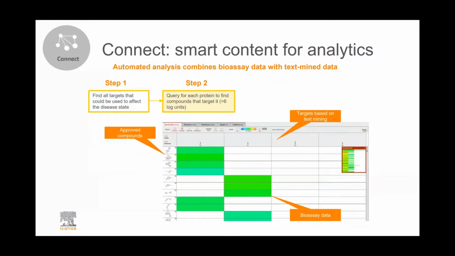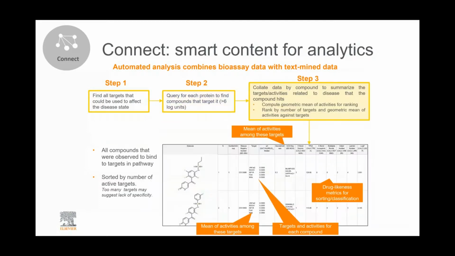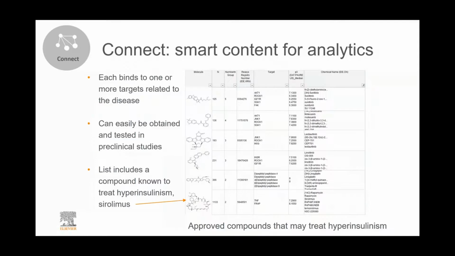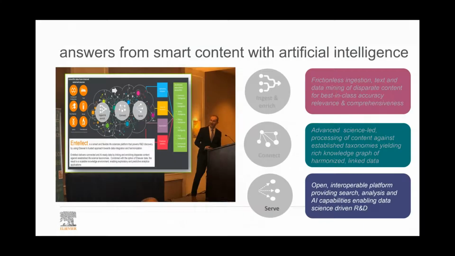Using the data that we've put together, we then look at the compounds that bind to those targets, and then we rank them based on their bioactivity, which we've curated, and then filter them based on their promiscuousness as targets. This basically came with some recommendations to Pfizer, and this is a great example of how to get value out of integrating data in one connected graph.